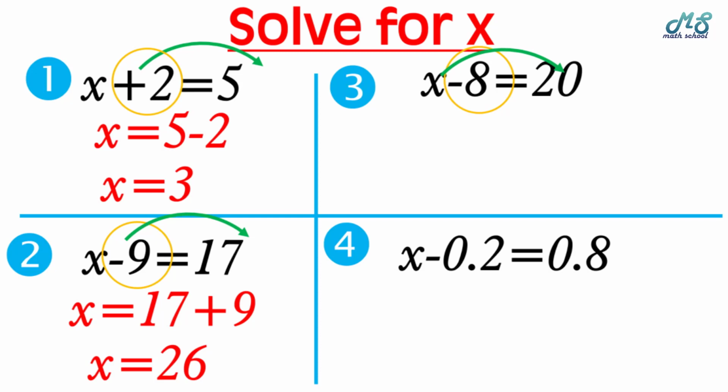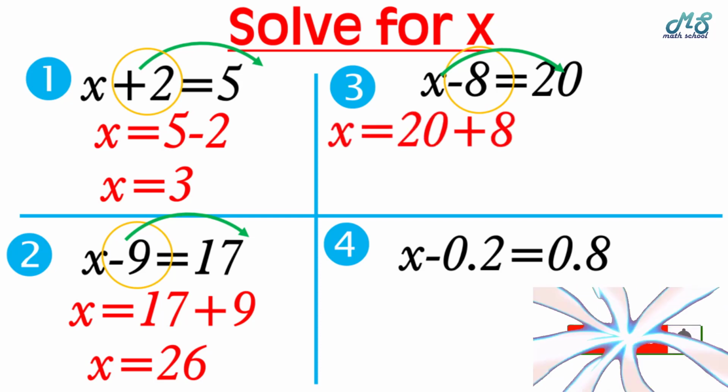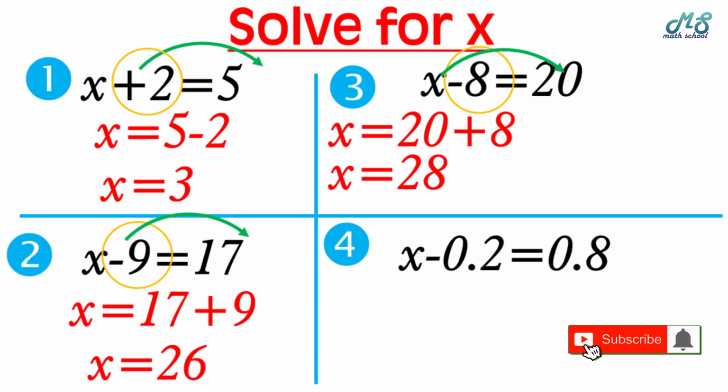We will use the inverse operation. Now x equals 20 plus 8. 20 plus 8 equals 28. Now x equals 28. Don't forget, guys, I'm talking about the concept. To solve the subtraction equation, we will use the inverse operation, which is the addition operation.